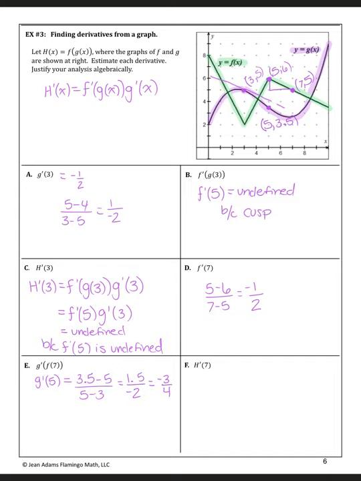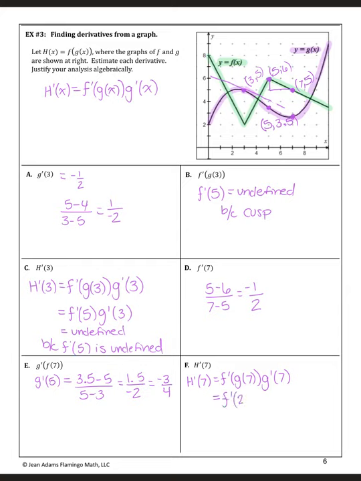Last but not least, let's look at h prime of 7. So again, up there I have my derivative already, so h prime of 7 would be f prime of g of 7 times g prime of 7. So if you look on your graph here, g of 7 is right there. I would estimate that to be about 2.75.